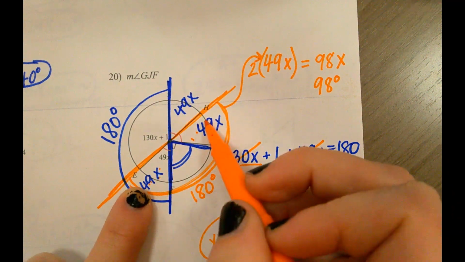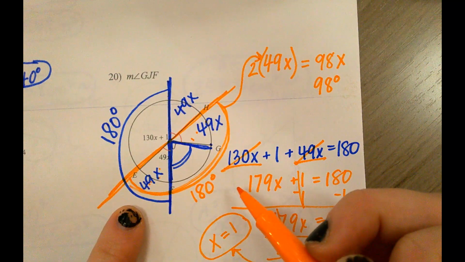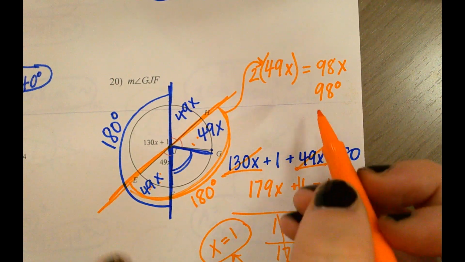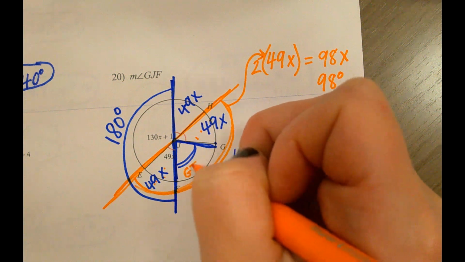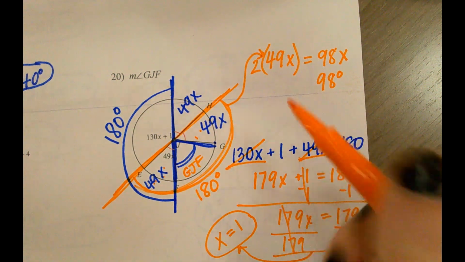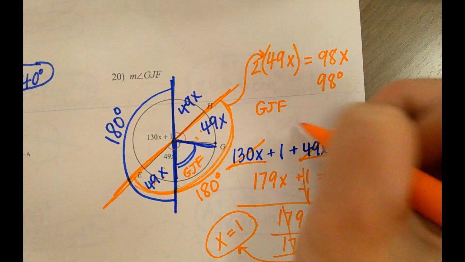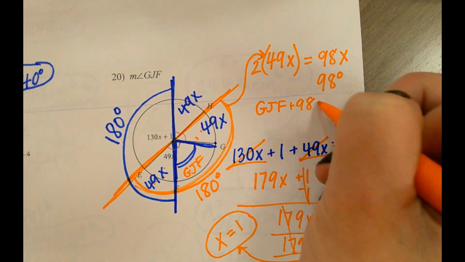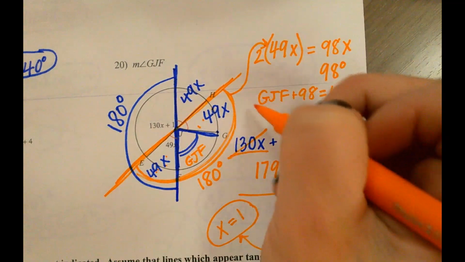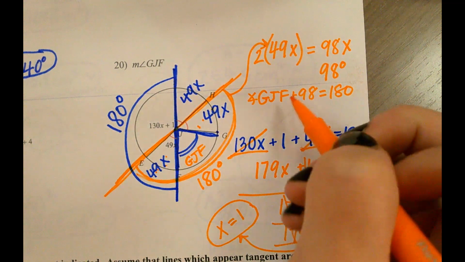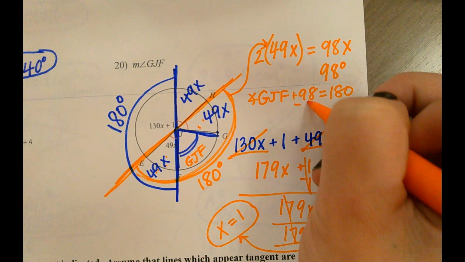So 98 plus whatever the angle is here that we need should equal 180, right? So let's set that up. I'm going to call this what it's called, GJF. So I know GJF plus 98 equals 180. Just solve the equation, subtract 98, and we'll have our answer.